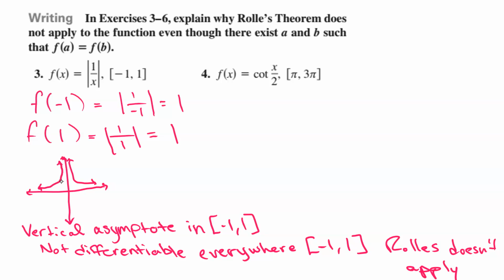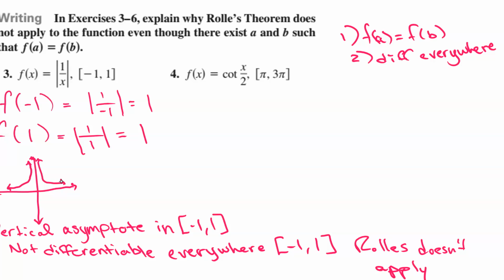All right, so we have two things for Rolle's. One, our endpoints' y values must be equal. And two, we must be differentiable everywhere. So maybe it'll be helpful if I remind you when we're not differentiable.